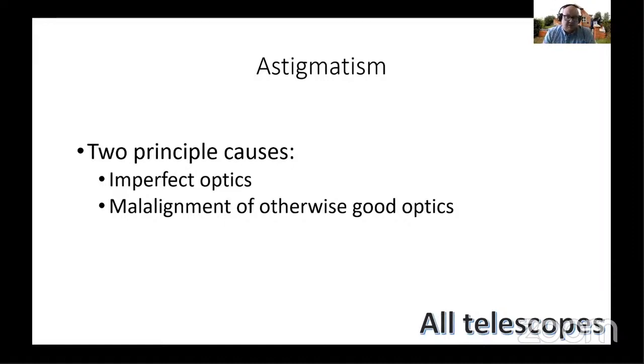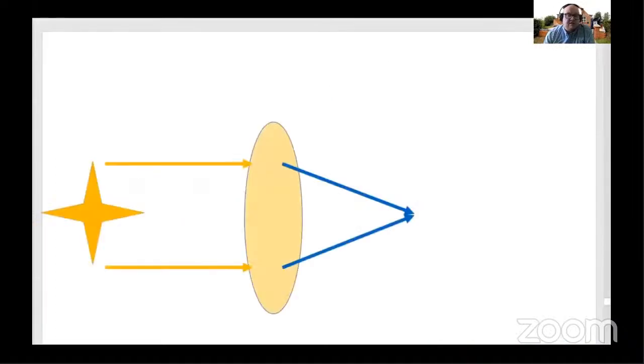One is imperfect optics, and the other is a misalignment of otherwise good optics. If your kit is well aligned and you've still got astigmatism, then it's probably imperfect optics. But if you've got astigmatism, you're not sure which of these two it is in the first instance.